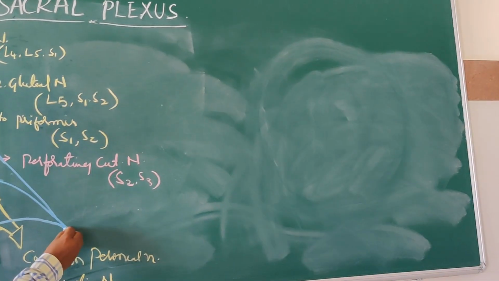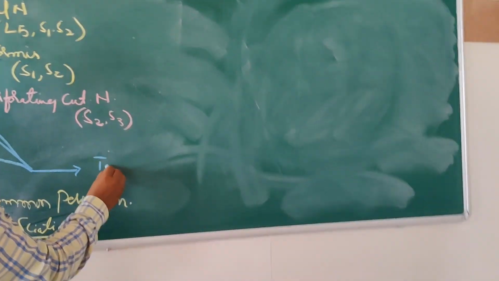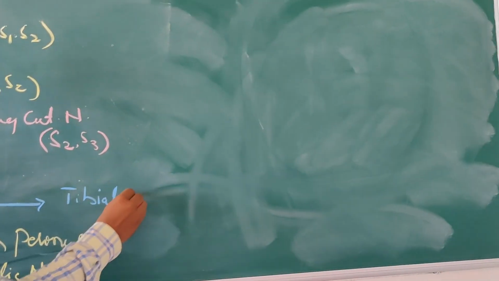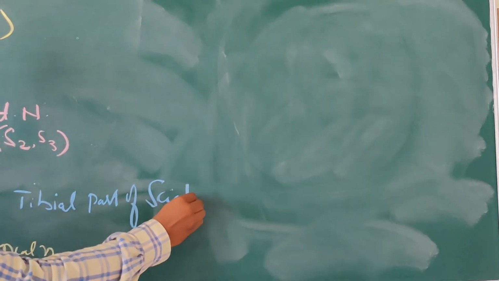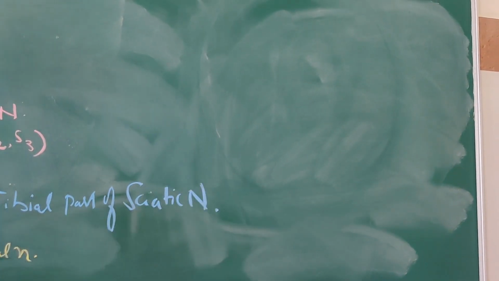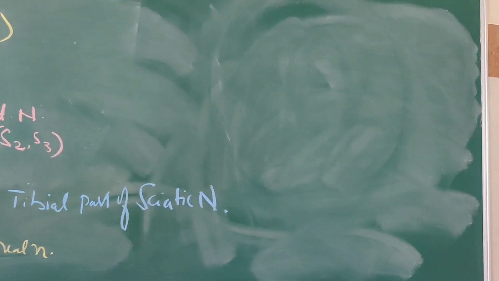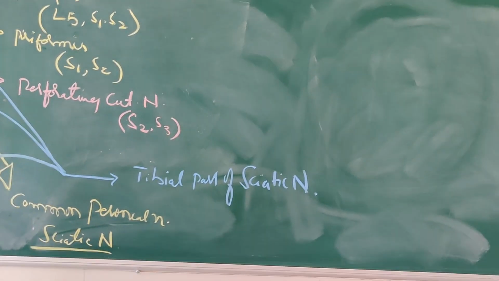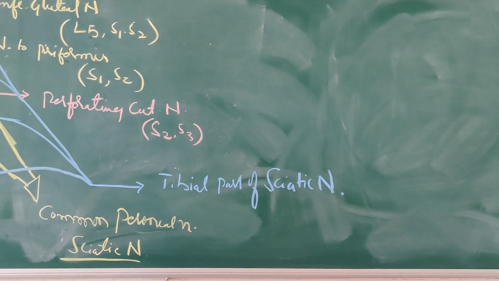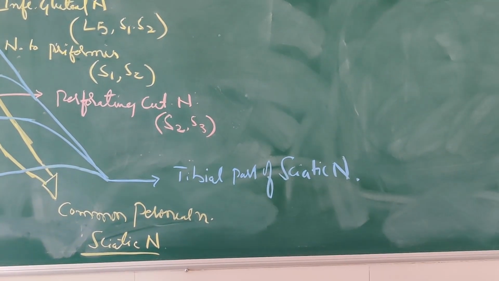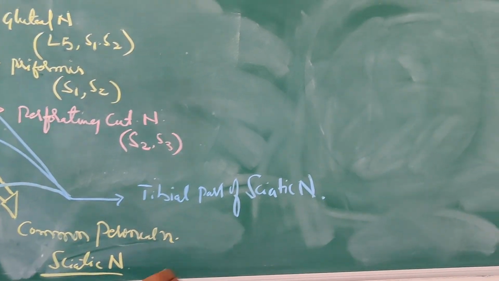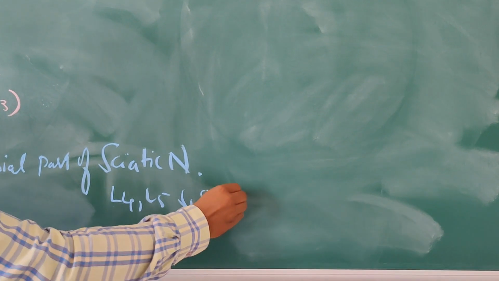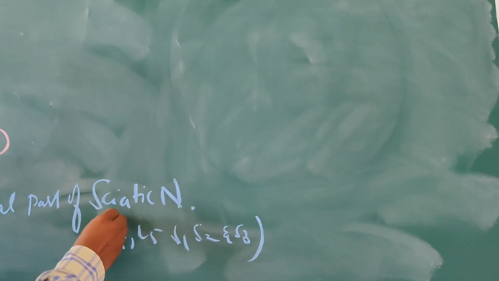Tibial part of the sciatic nerve. So the root value is L4, L5, S1, S2, S3.